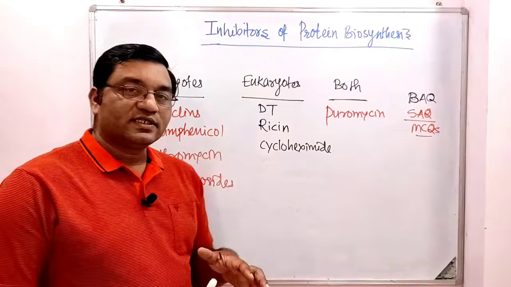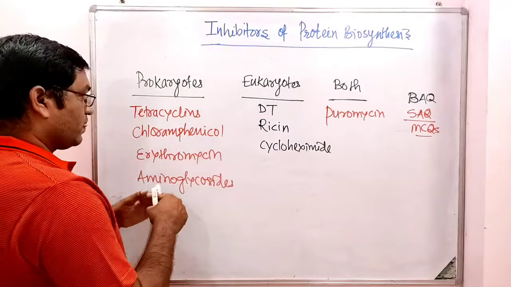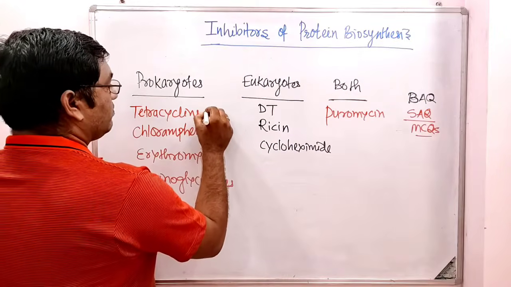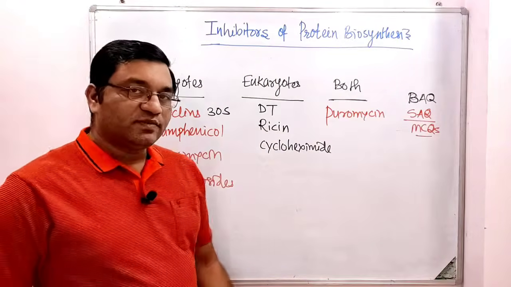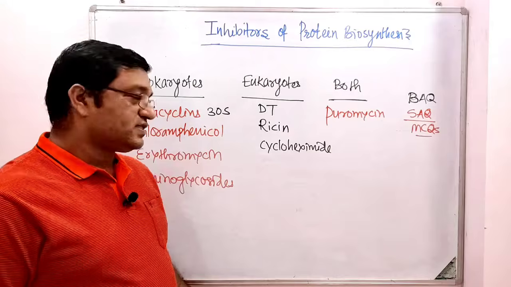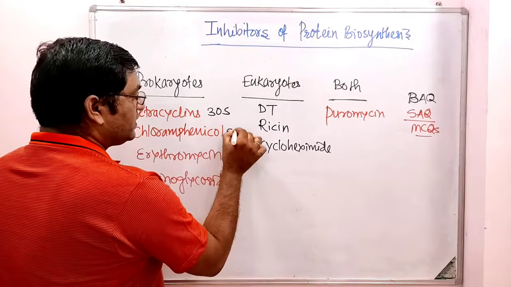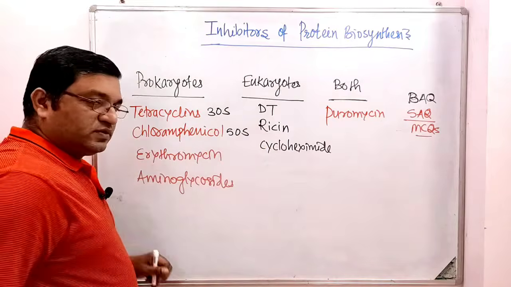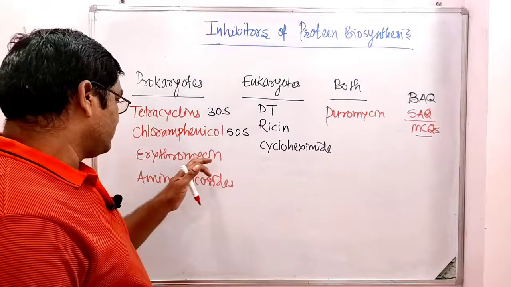First we'll see the tetracycline mechanism of action. Tetracycline binds with the 30S ribosomal unit and prevents the attachment of amino acyl tRNA to the A site. Chloramphenicol binds with the 50S ribosomal unit and inhibits the activity of peptidyl transferase.